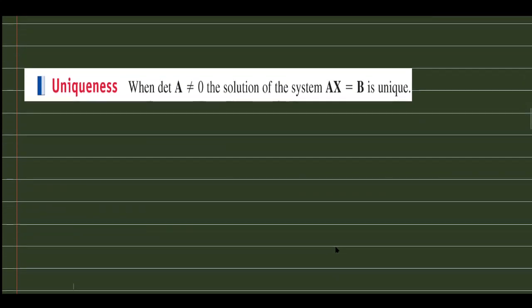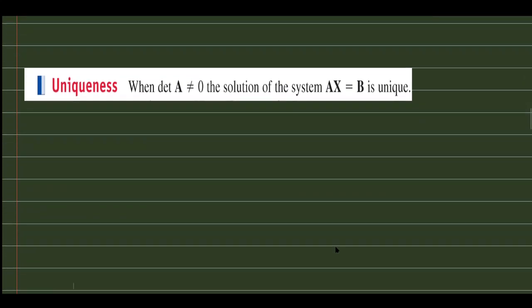Now next we will prove uniqueness. That is, when determinant of A is not equal to 0, the solution of the system Ax equal to B is unique. Determinant of A not equal to 0 means that A is non-singular, which implies that A inverse exists.